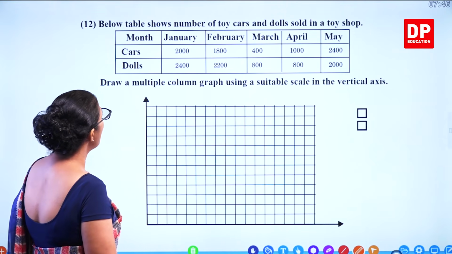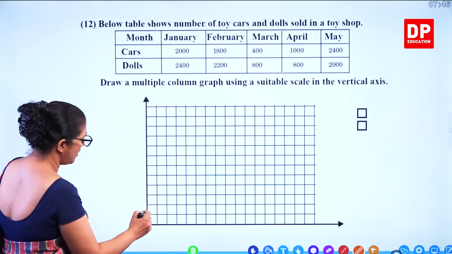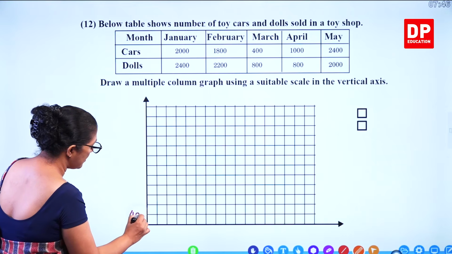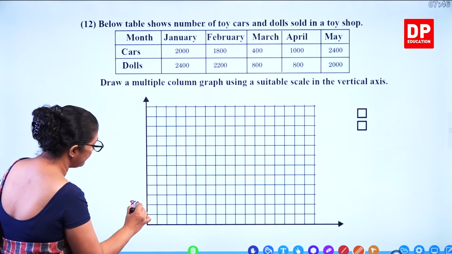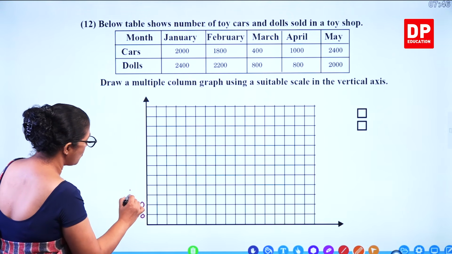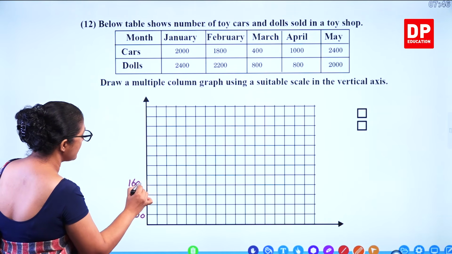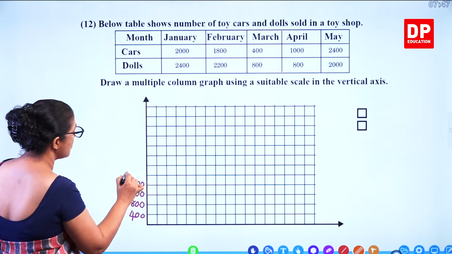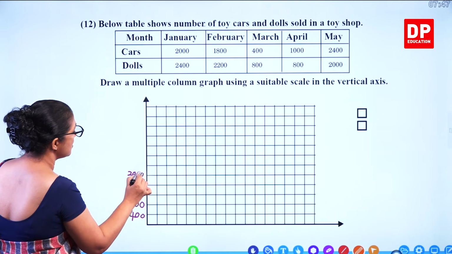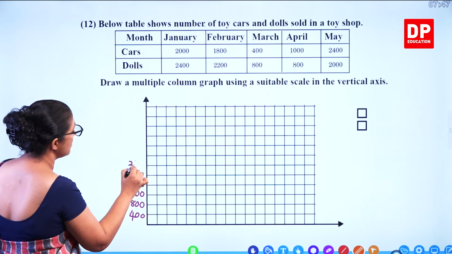So we'll take 400s. 400, 800, 1,200, 1,600, 2,000, 2,400.